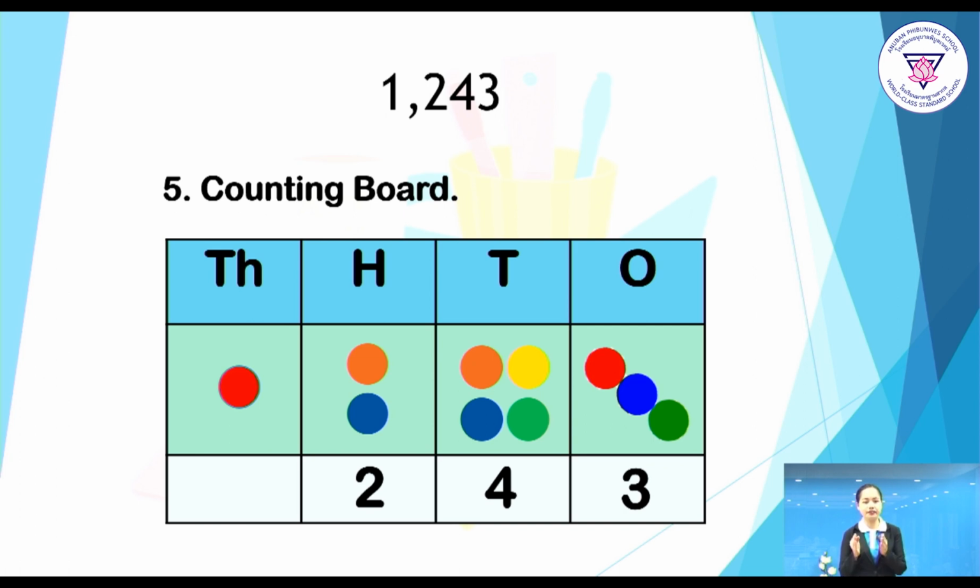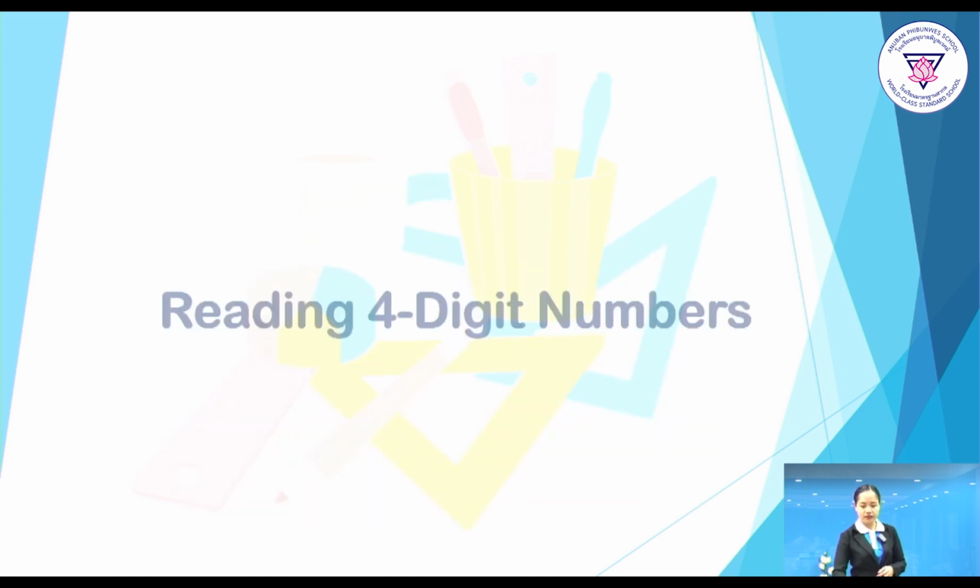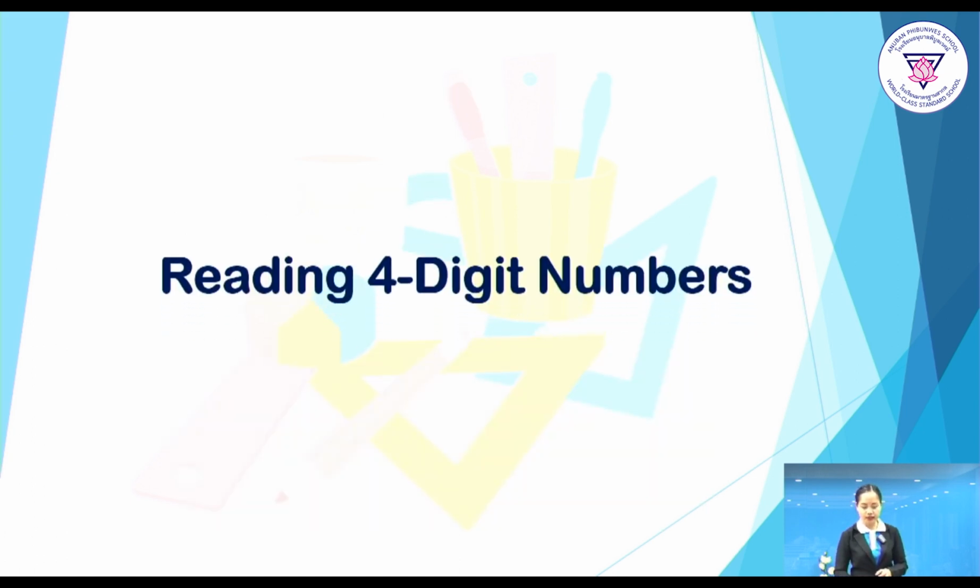Now, we will do other examples for you to understand how to read and write numbers using these 5 ways. Example number 1. You can see there 6,472. We will start with number 6. Where can I write number 6?